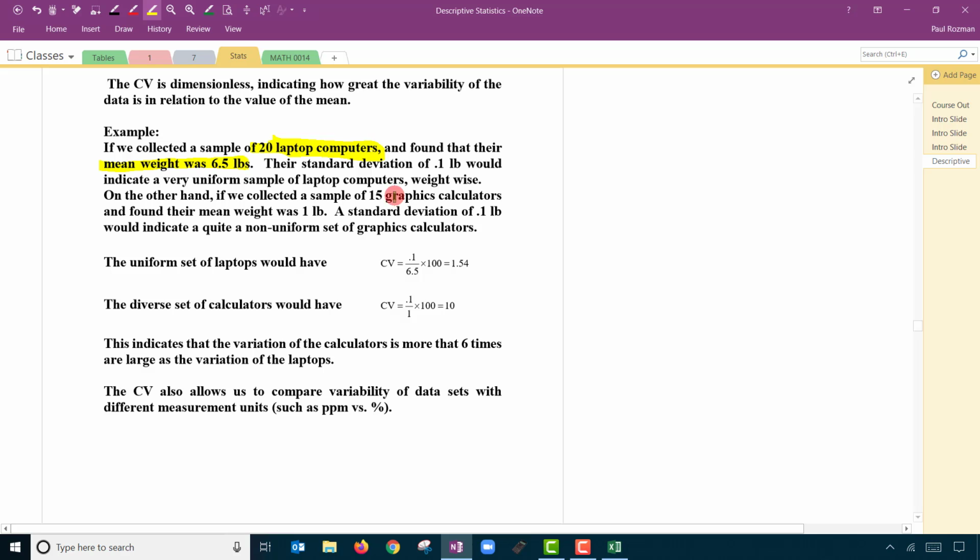And 15 students did, and they brought them in to me, and I weighed them and got a mean of 1 pound. So just summarizing, the laptop has a mean of 6.5 pounds, and the calculator has a mean of 1 pound.